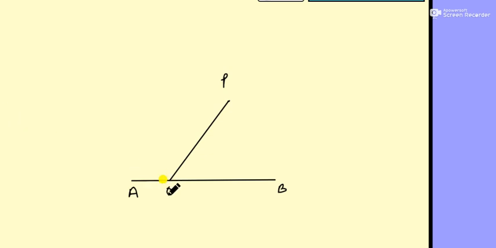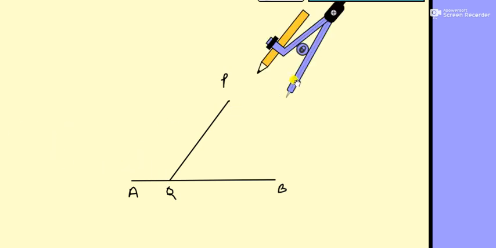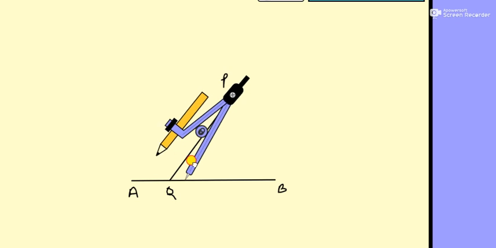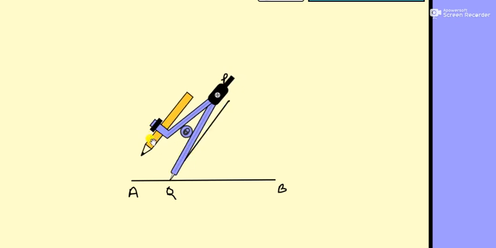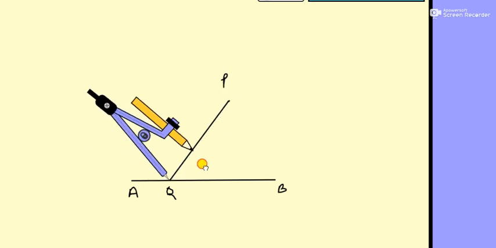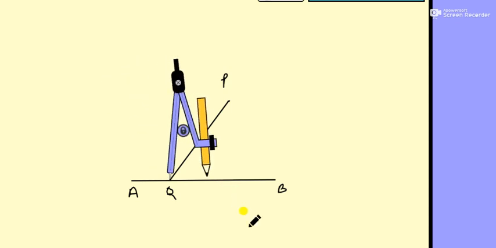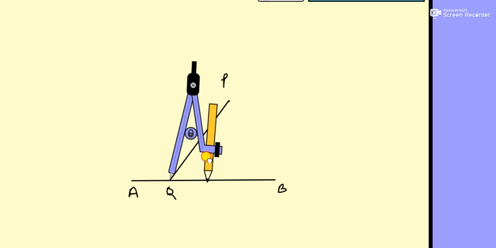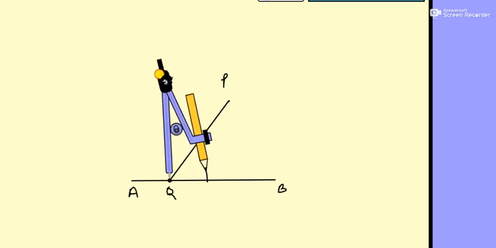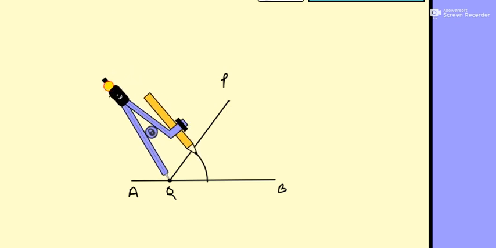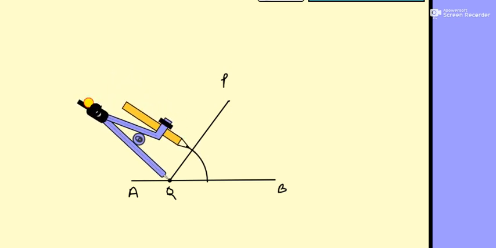Suppose that point is Q. Now take a roundel, put it at the point Q, and make an arc like this. Now make an arc like this. It is very simple.